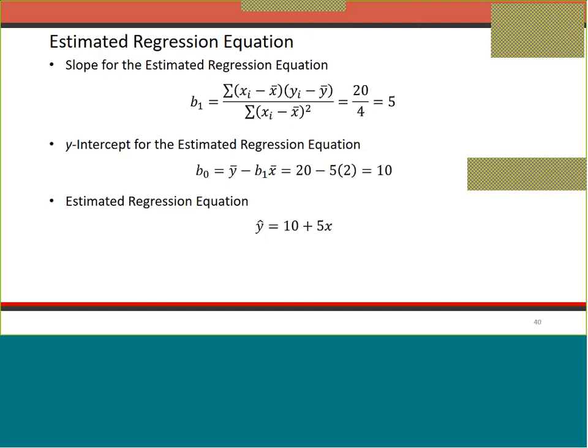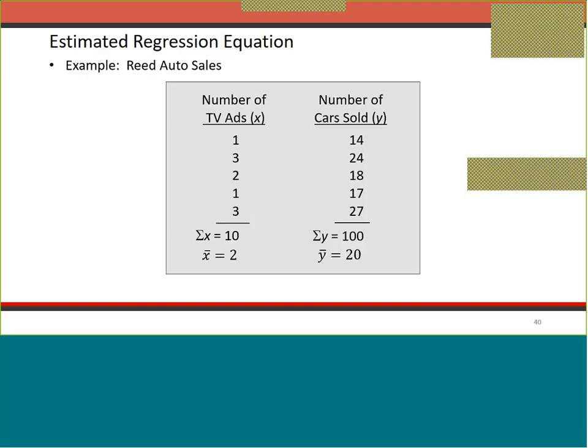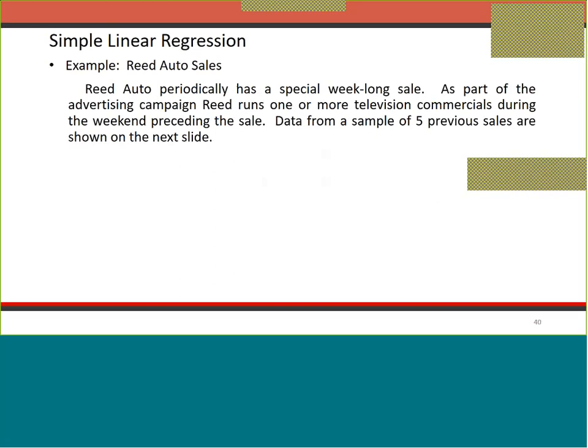it's like the identification of x and y. X is always an independent variable and y should depend on x. So for a given question, one can easily identify x and y, because in the previous example, the question says that Reed Auto periodically has a special week-long sale.